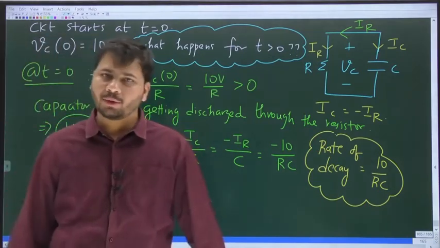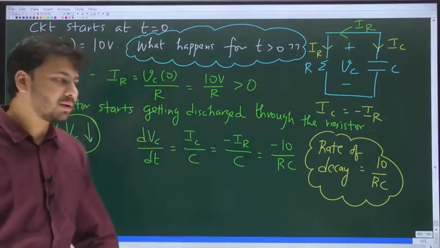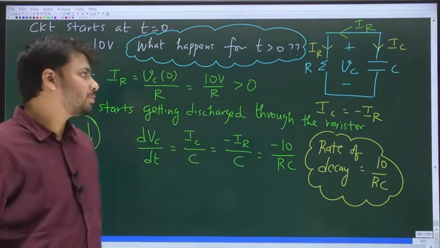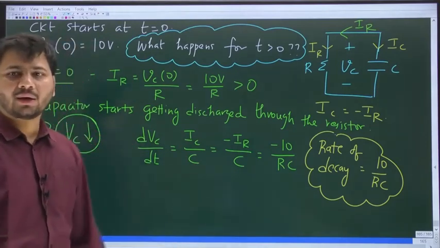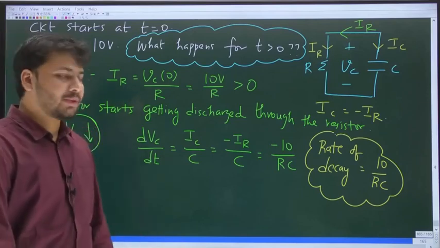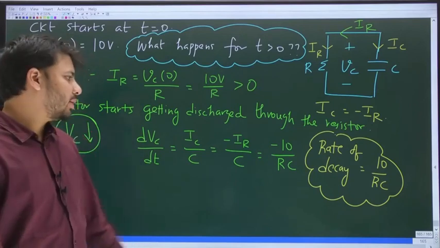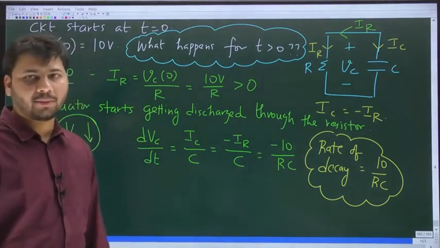So is it clear up to this point? When the resistor is connected across the capacitor at t equal to 0, the resistor will start drawing current from the capacitor, which means the capacitor will start getting discharged through the resistor, and the initial rate of decay is 10 by RC.